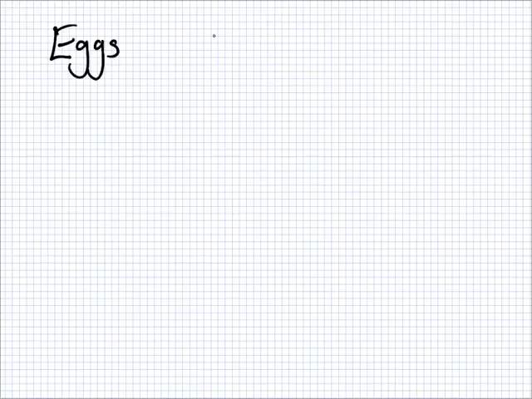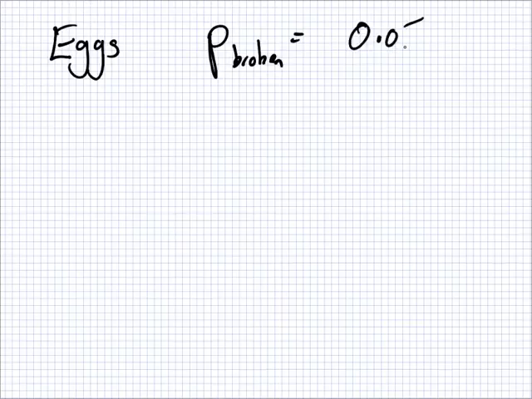So let me see. We'll go with good old eggs. And the probability that it's broken, we'll make 0.05. And we'll make it half a dozen eggs.